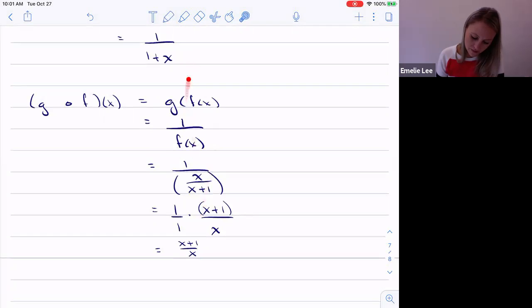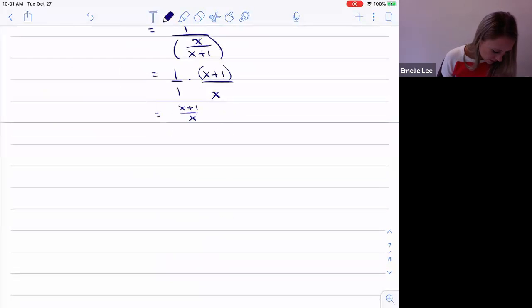These are very different functions, right? But we're composing functions. How about f composed with f of x, which is f of f of x?